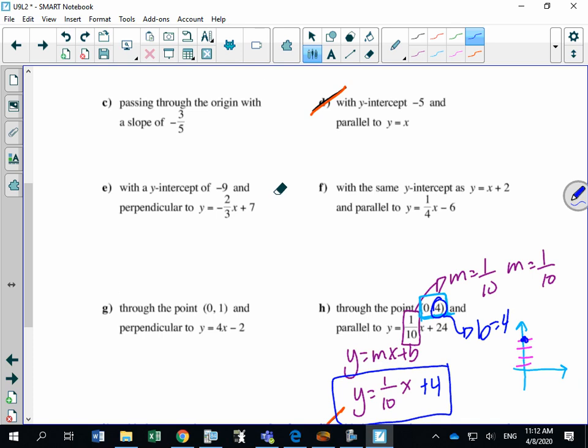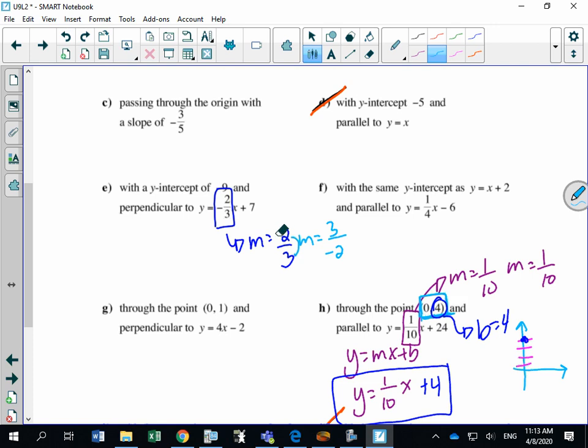For example, if I was to do E, so let's do E with you, perpendicular to this. The slope is negative 2 over 3. We first have to figure out what's perpendicular to negative 2 over 3. So it's the negative inverse. That would be 3 over negative 2.